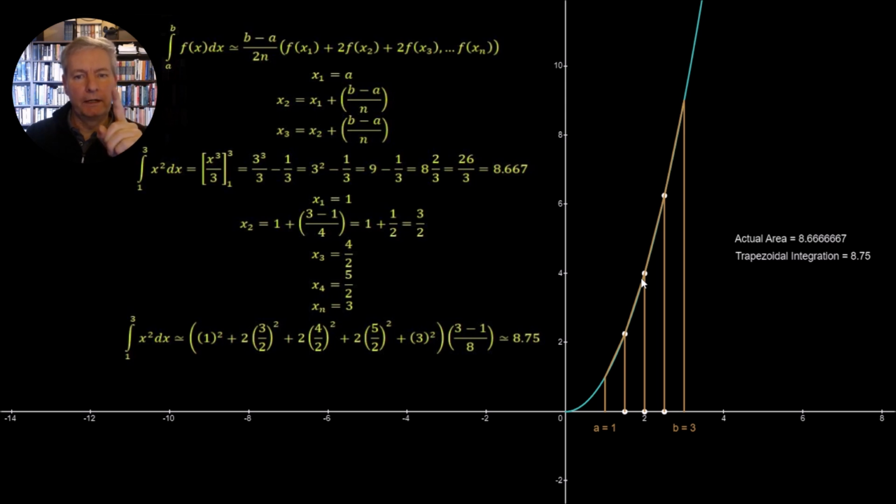So if we take that division by 2 out, that division by 2 is going to be placed at this point here. So that means that this is our final algorithm for our trapezoidal rule.